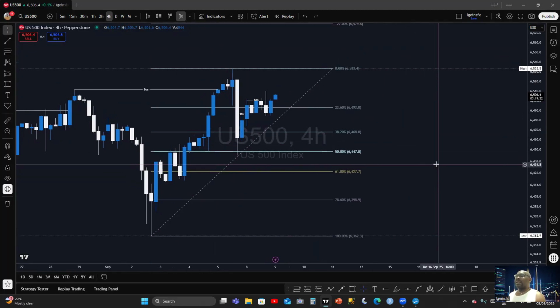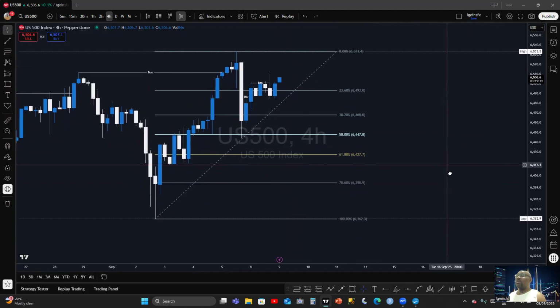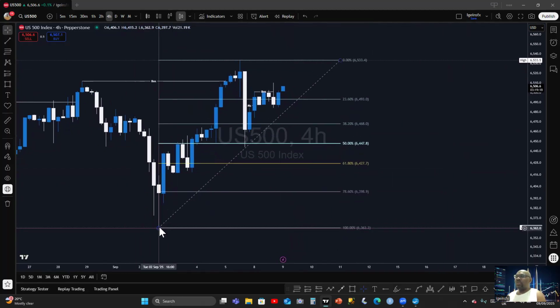So for us to ascertain where the decline of the price might get to before it starts going higher again, we just need to plot our fib from the low to the high. And you see what happened.